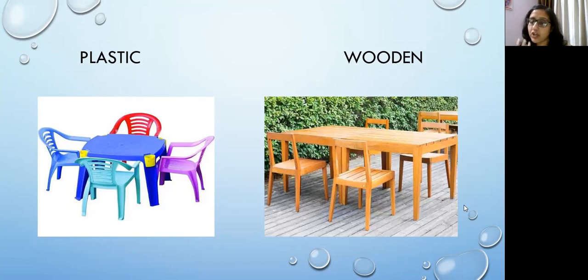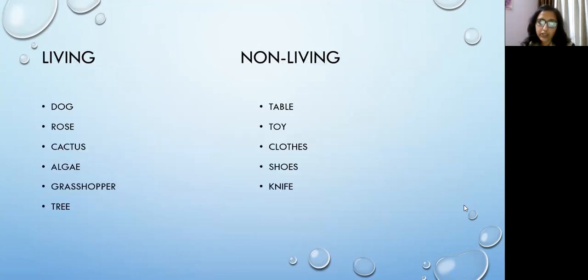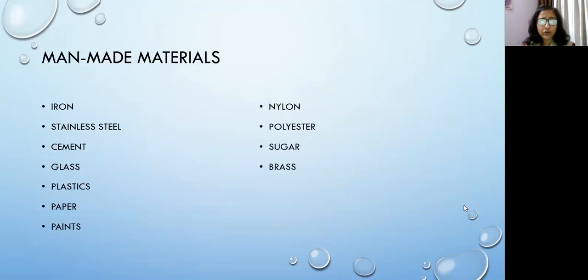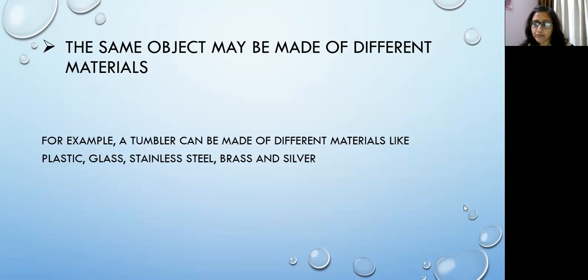Here they have used wood, which is a natural material. Okay. So this is a point which should be noted, that the same object may be made of different materials. For example, a tumbler can be made of different materials like plastic, glass, stainless steel, brass, silver. ना एक tumbler को हम अलग-अलग material से बना सकते हैं. Okay, so और examples भी हम ले सकते हैं. अभी we have taken example of chairs and tables.